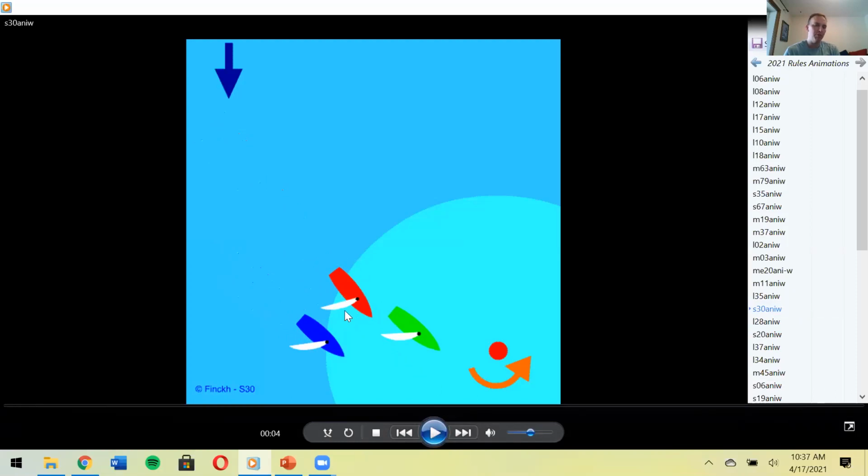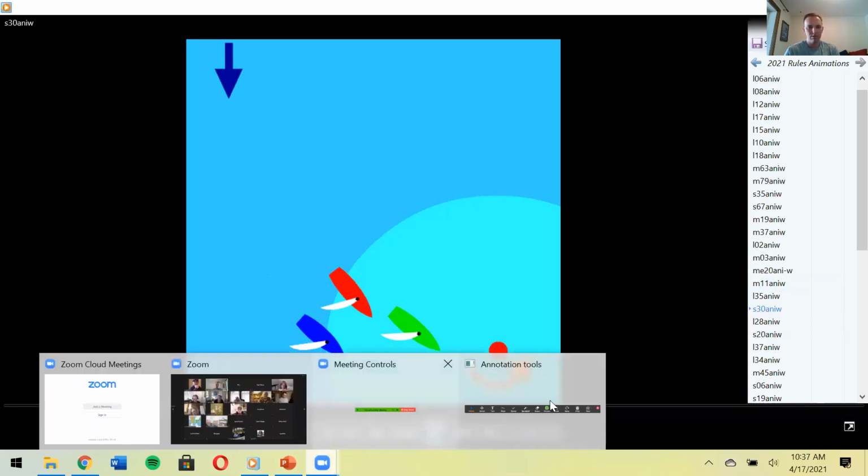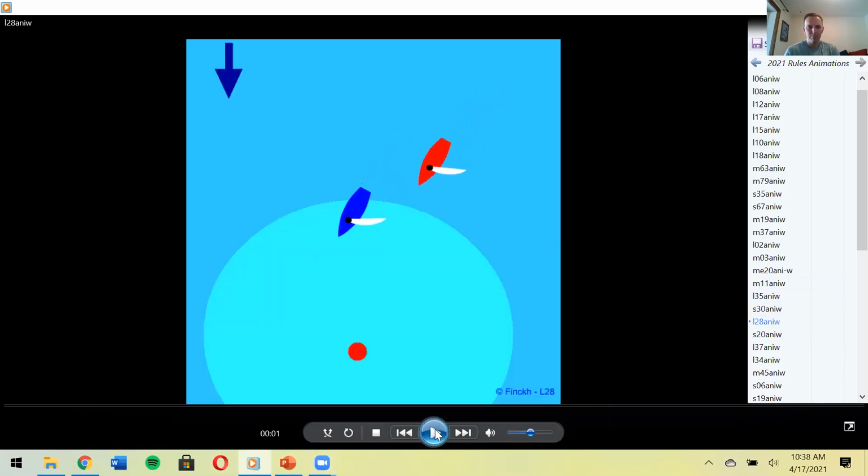And red's in a tough spot here, because red might have to go almost dead downwind to stay clear of green. This happens a fair amount.